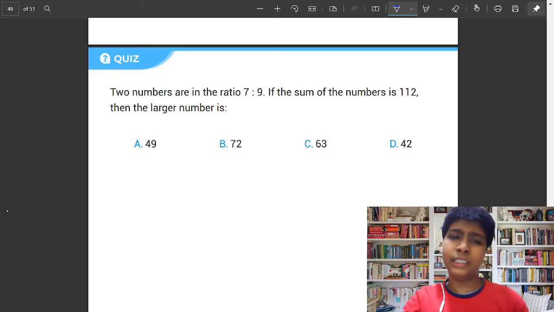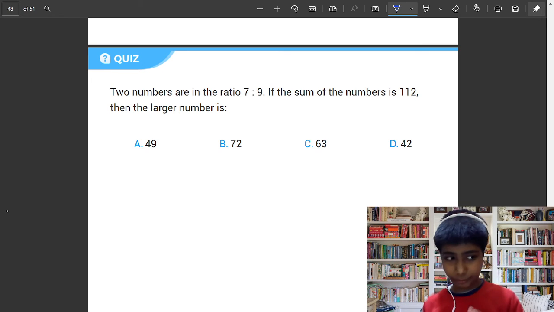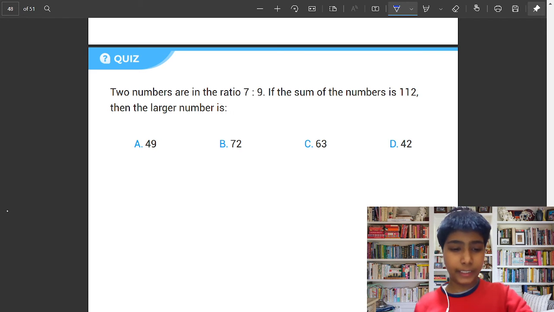Two numbers are in the ratio 7:9. If the sum of the numbers is 112, then the larger number is what?